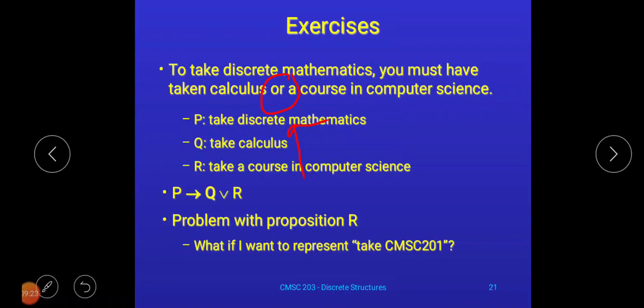Okay. That is, you must have taken calculus or a course in computer science. Okay. So actually this is up to your level of understanding. As I said earlier, in the final exam, if you write exclusive OR in place of normal OR, or normal OR in place of exclusive OR, then your marks will not get reduced. But the objective of these types of examples is to enhance your logical ability.